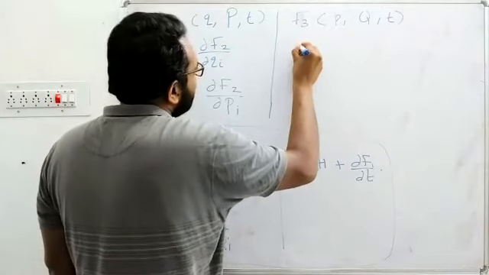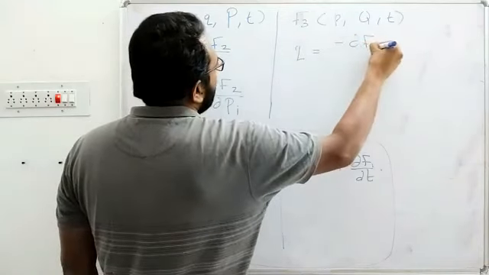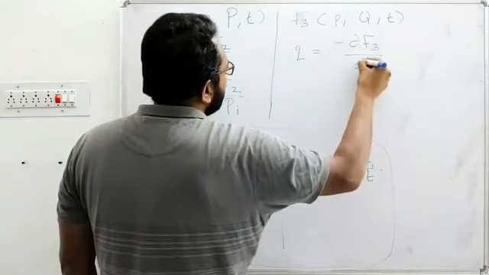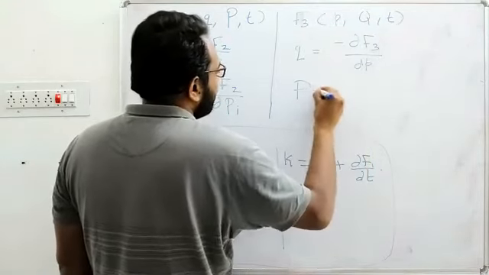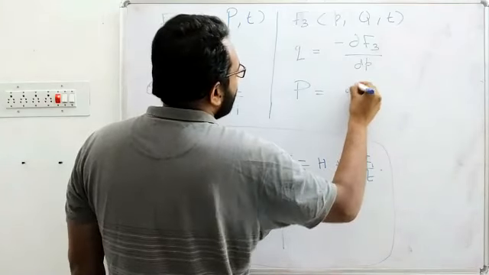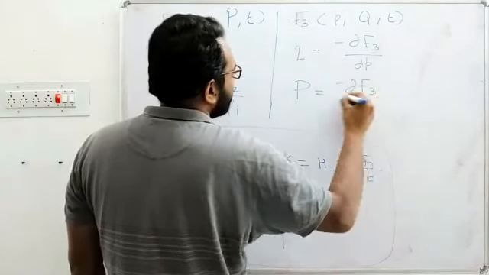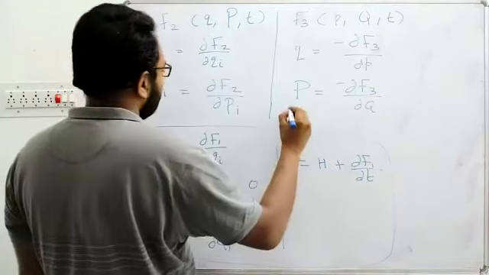You see that q is equal to minus dou f3 by dou p, and p is equal to minus dou f3 by dou q, and for k it's exactly the same.